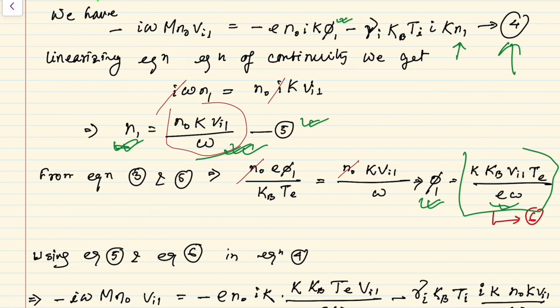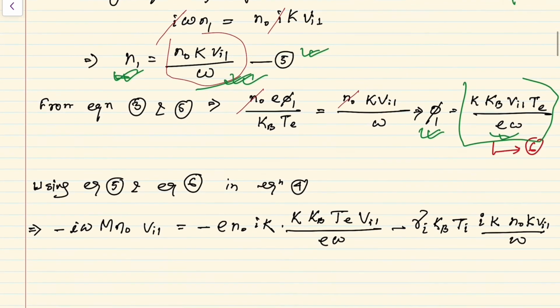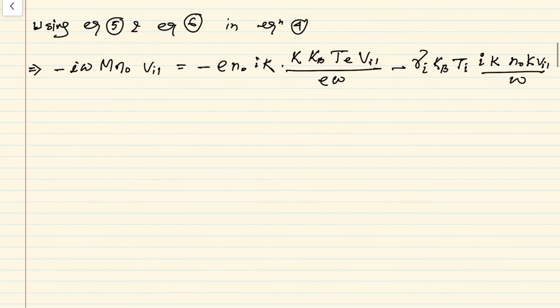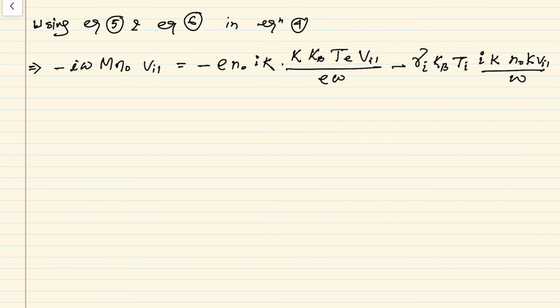Let me scroll down. From here we can see that i cancels, n₀ cancels, and v_i1 also cancels.